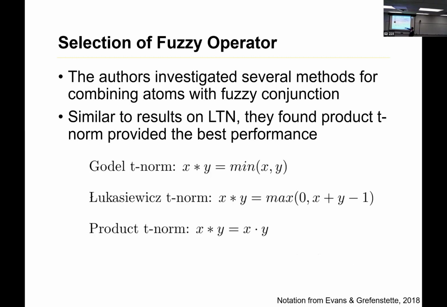They found that the product T-norm worked the best, which is interesting because that's also what worked the best with logical tensor networks. They said that basically the gradients flowed more evenly when you use product as opposed to using the other things. And that makes some intuitive sense.